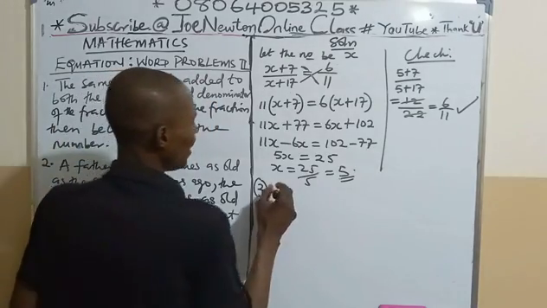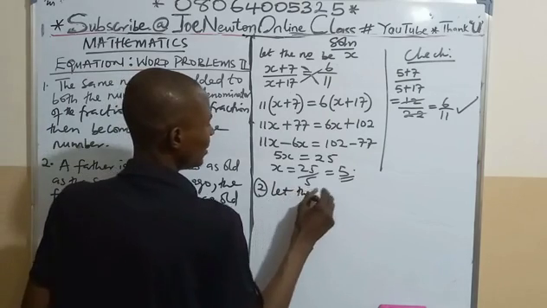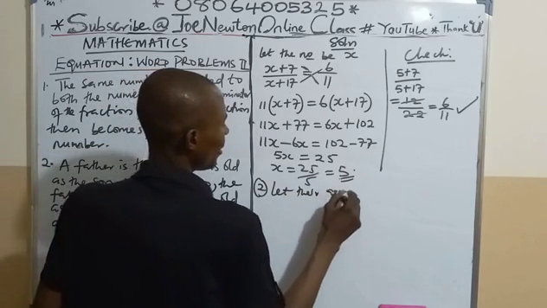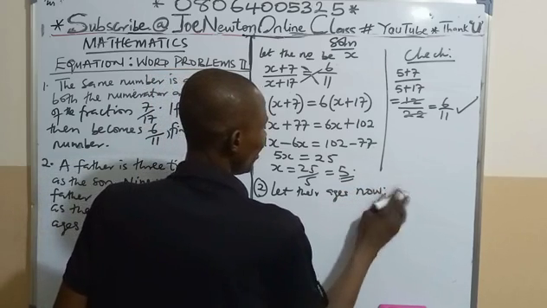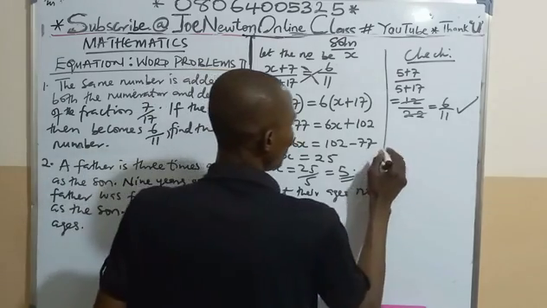So we don't know their ages, so let their present ages be like this, and let the age 9 years ago be this.